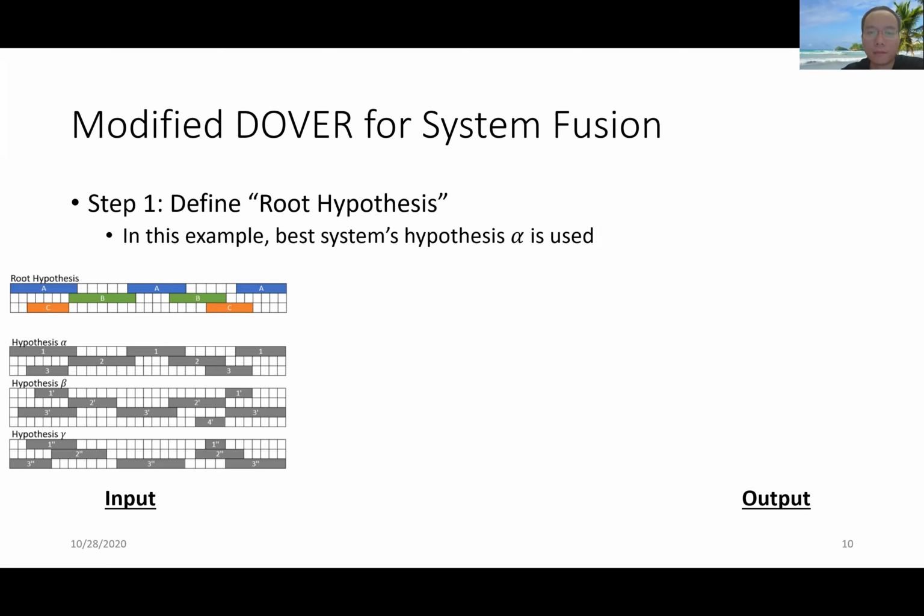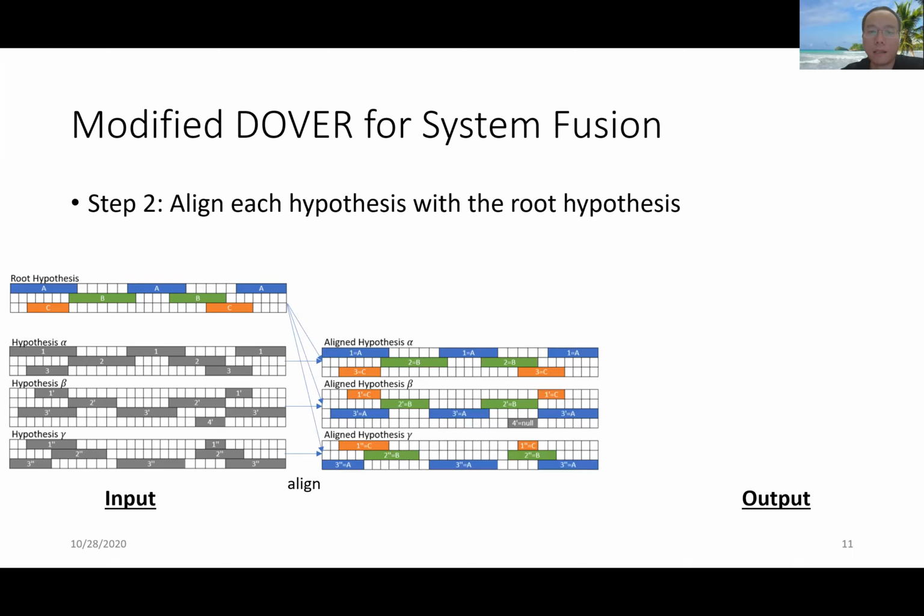The first step is to find the root hypothesis. In our system, the best single system is used as the root hypothesis. Then the other system hypotheses are aligned to the root hypothesis independently. The alignment involves finding the best speaker mapping between the two hypotheses using the Hungarian algorithm.